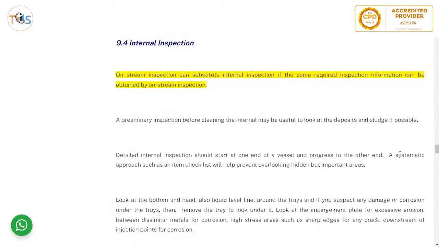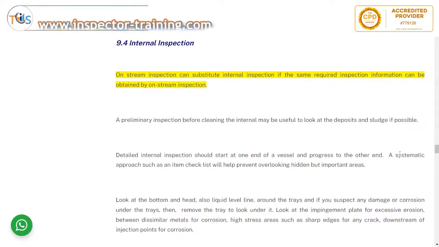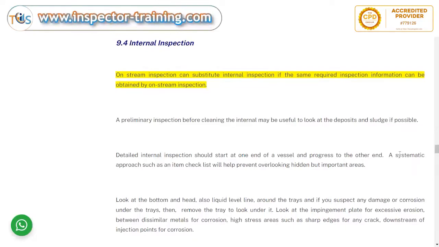Internal inspection. On-stream inspection can substitute internal inspection for certain requirements. These are when the corrosion rate is not more than 0.005 inch, and the next inspection interval calculation shows that it's more than 10 years. So then you can do on-stream inspection.